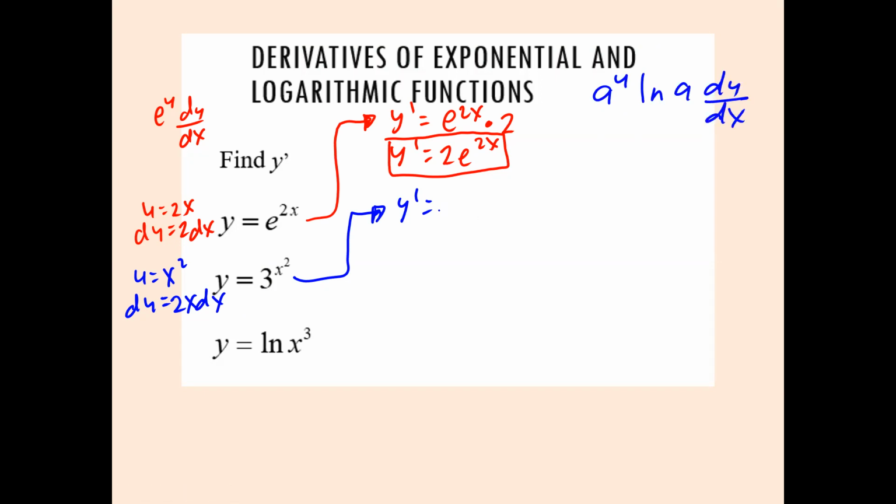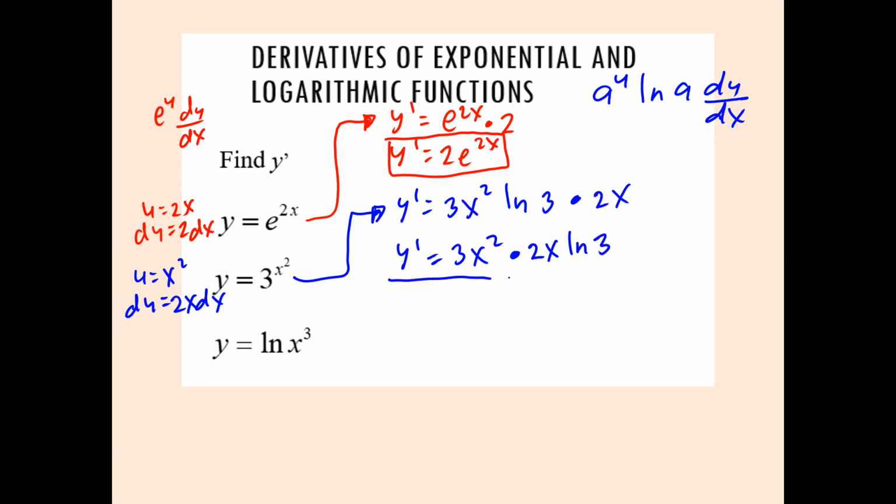So a raised to u is 3 raised to x squared times ln 3 times yung du natin which is 2x. So pwede nating ayusin. So meron tayong 3 raised to x squared times 2x ln 3. Okay, so yan yung final answer natin.